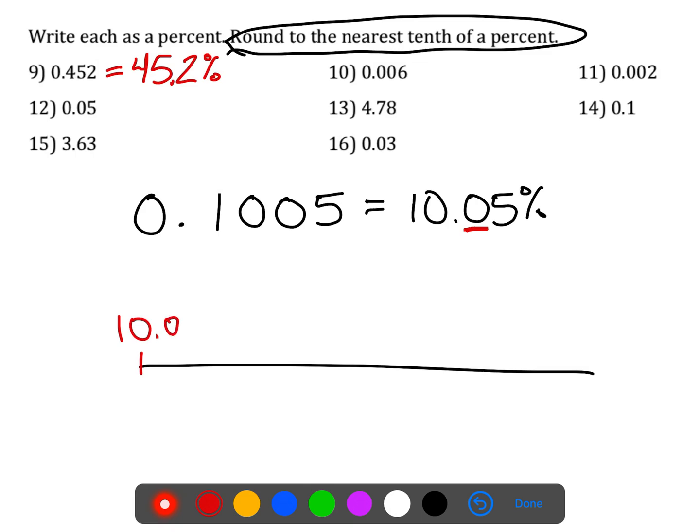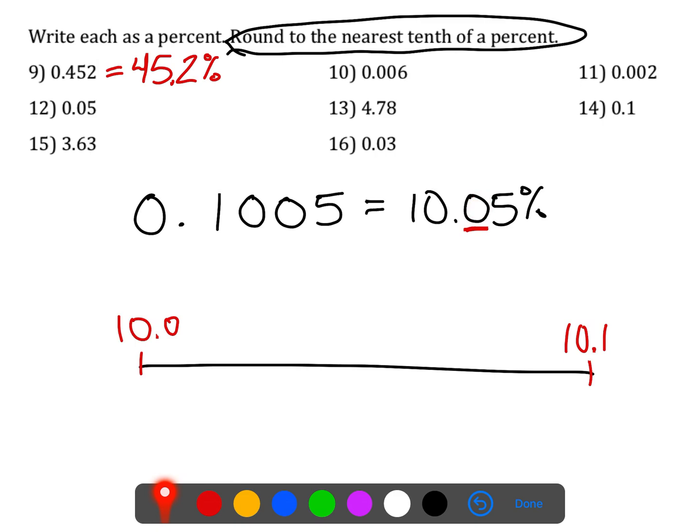On the other side, it's going to be 10.1. Those are our two choices. If we're rounding to the tenths place, we can only look at this either staying as it is, staying as a 0, or rounding up to 1, which would be the next closest tenth to that.